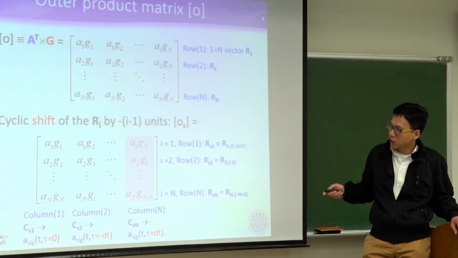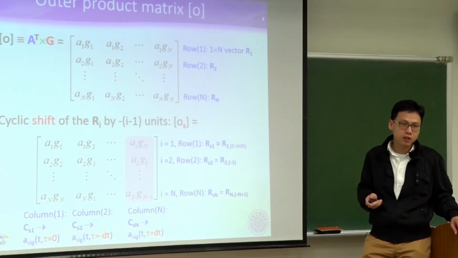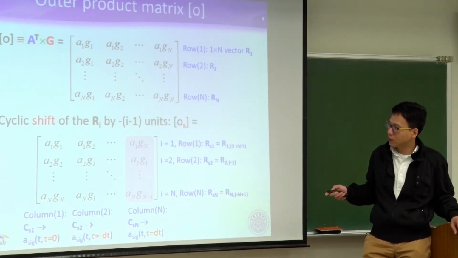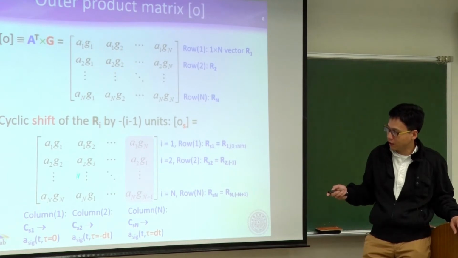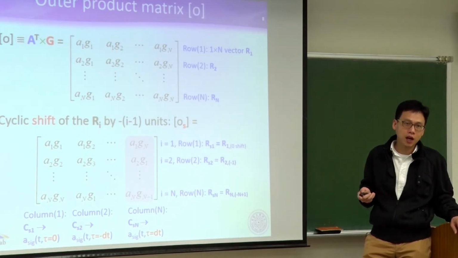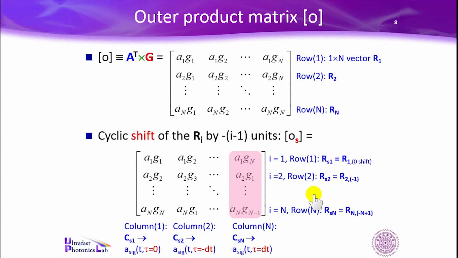Although the order is not intuitive, after the manipulation the matrix O sub S is already the gated signal matrix A sub sig. Every delay has been represented by different column vectors. Any questions?